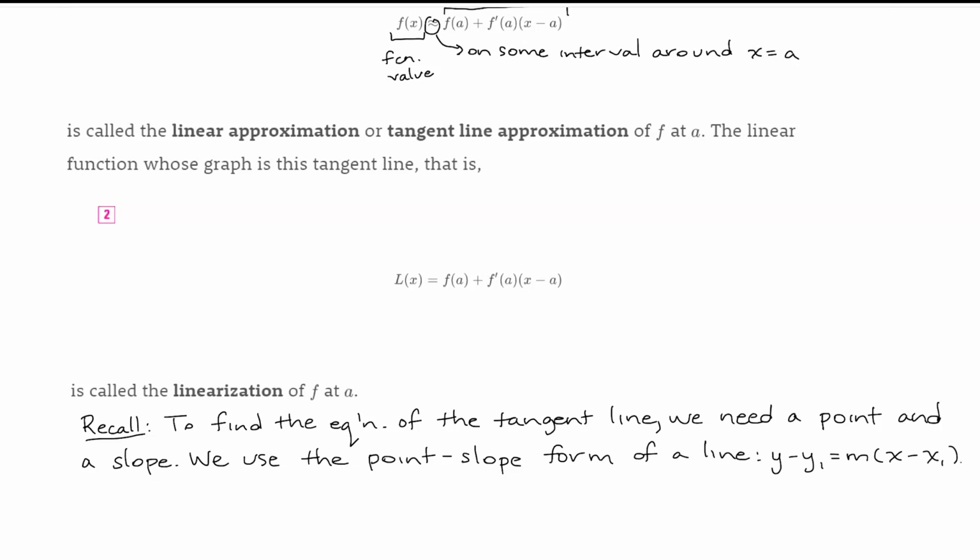That is y minus y1 equals m times x minus x1, so that's the point-slope form of a line. So the point, which in that equation is designated x1, y1, is in this tangent line equation the point of tangency, or the point of interest, or the tangent point, that is a, f of a.